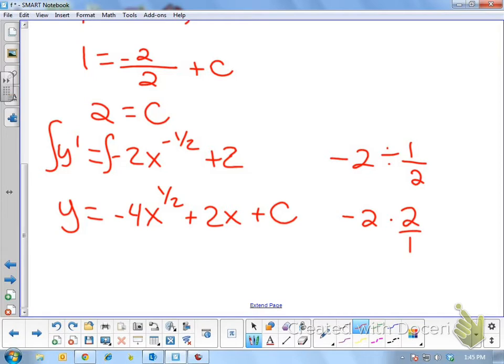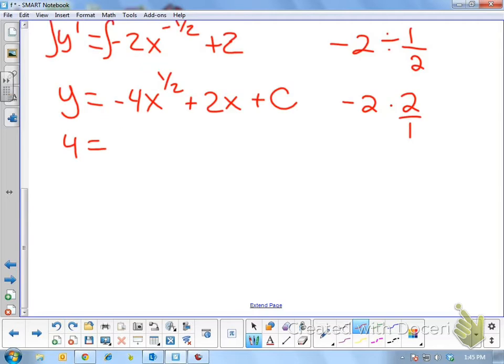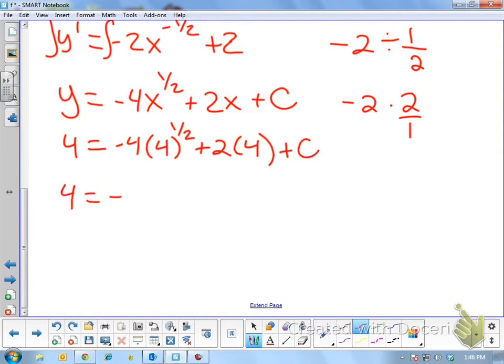And then we plug in our values. This time we had 4 equals negative 4 times 4 to the positive 1/2 plus 2 times 4 plus c. Negative 4 times 2 plus 2 times 4. And if we have a negative 4 times 2 and a positive 2 times 4, they cancel each other out. We get negative 8 plus 8.